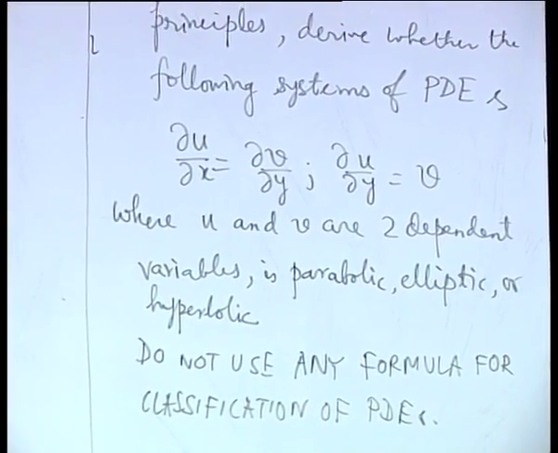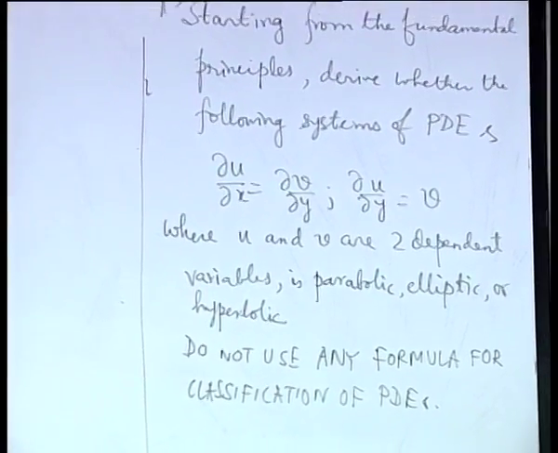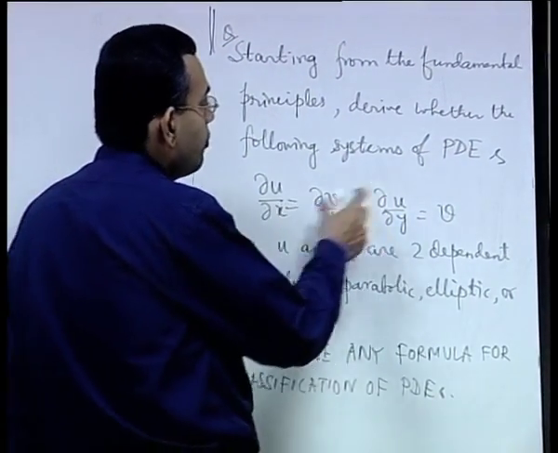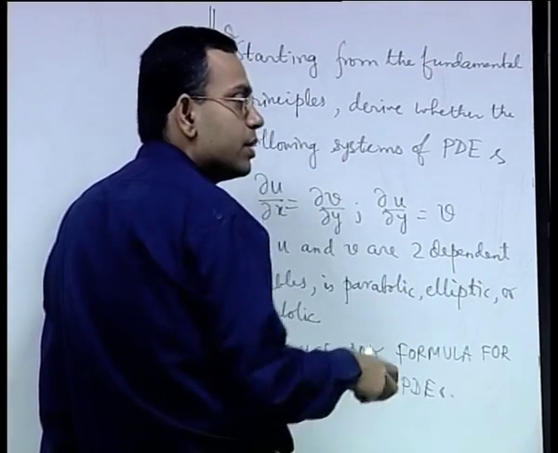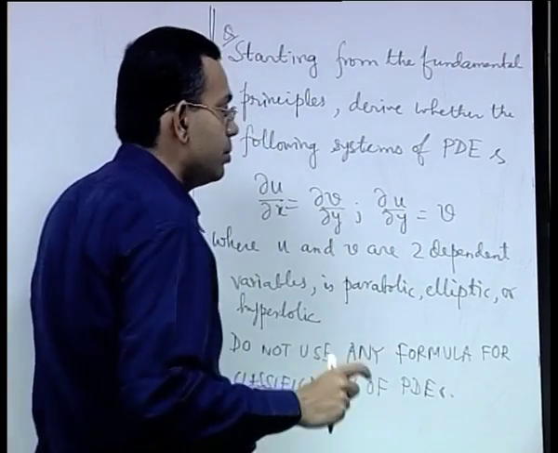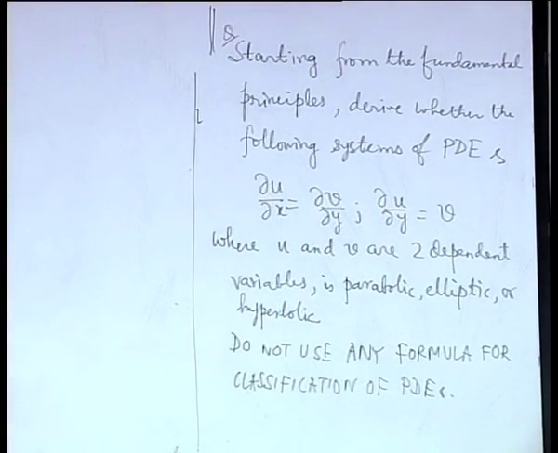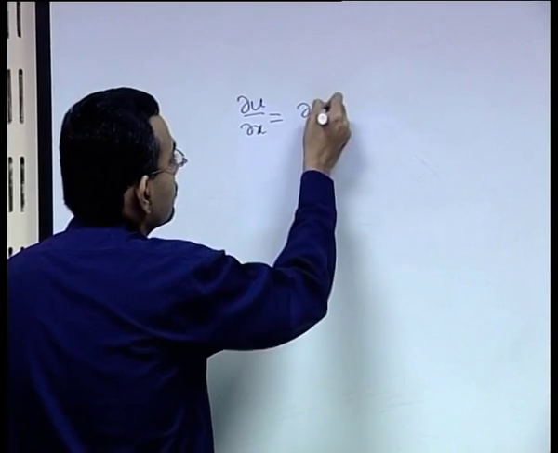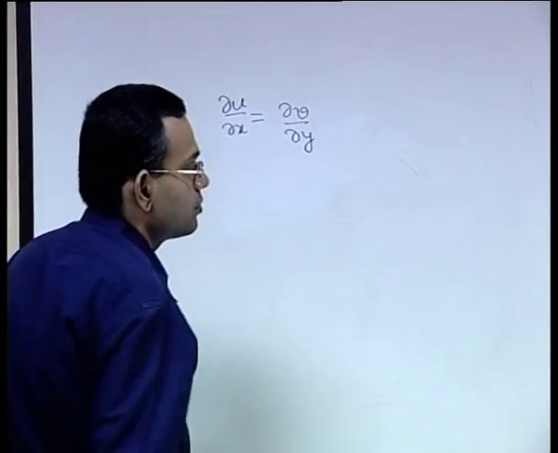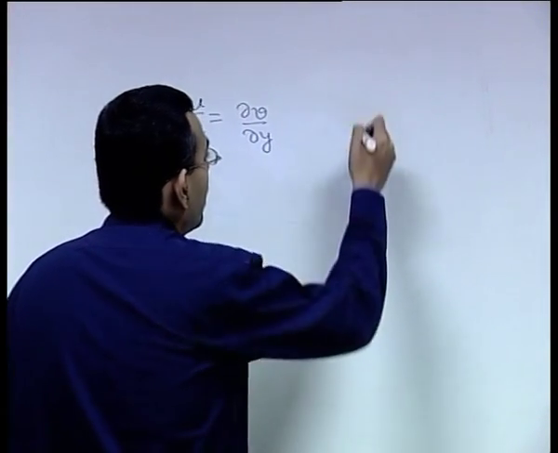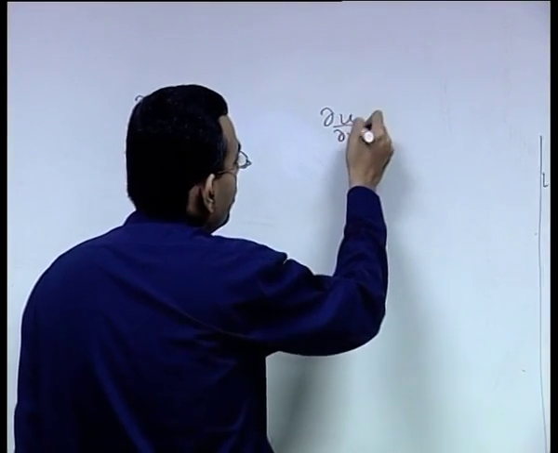Okay. So, let us try to answer this question. So, there are two variables u and v. Of course, you can deal with two variables simultaneously, but it becomes much easier if you eliminate one of the variables. So, let us say you eliminate v. So, you have this one and the second equation del u del y equal to v.